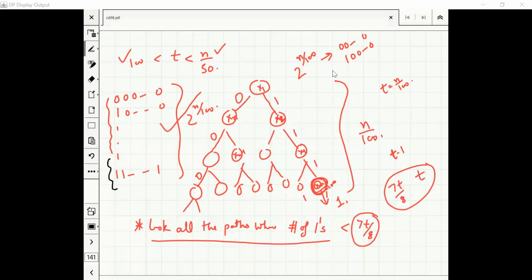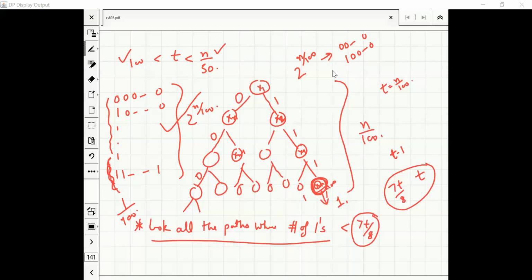Places where I will not be answering wrong on a constant fraction of inputs, those are very, very small. Those are like 1 by 100 or something, right? That is going to be very, very small. You can figure out how many such paths there are.